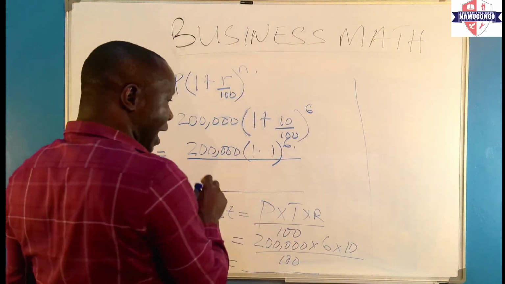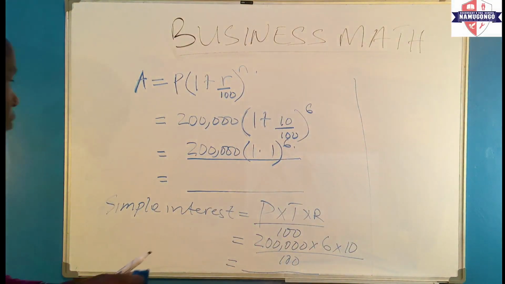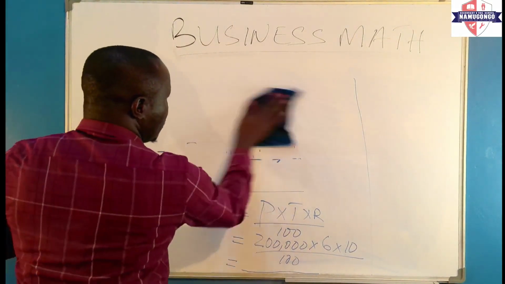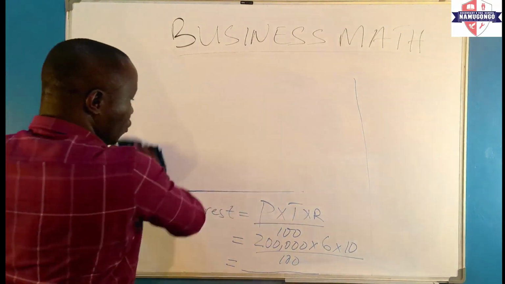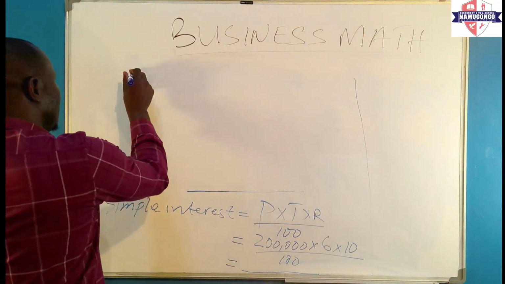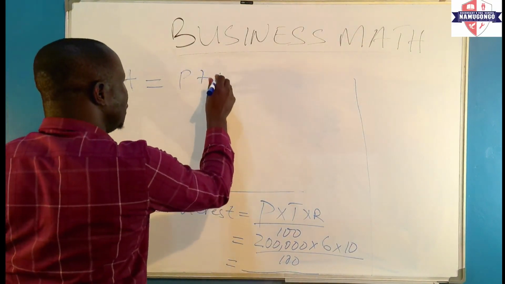So we say our amount, so you are going now to compute, you have the interest, now you get amount. And you say amount is equal to principal plus interest.